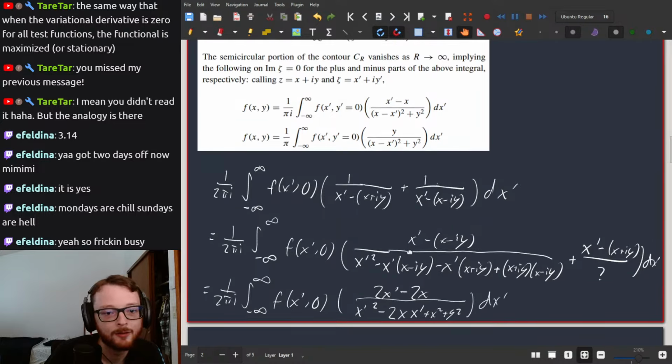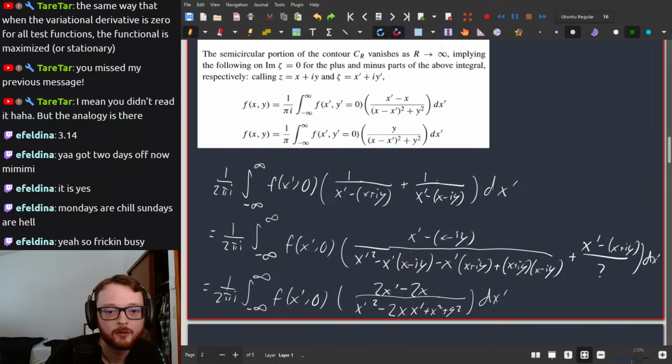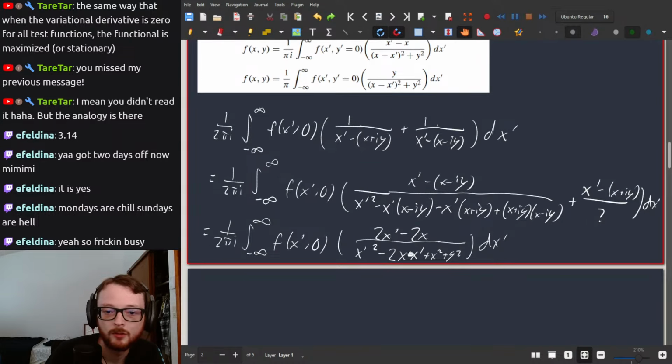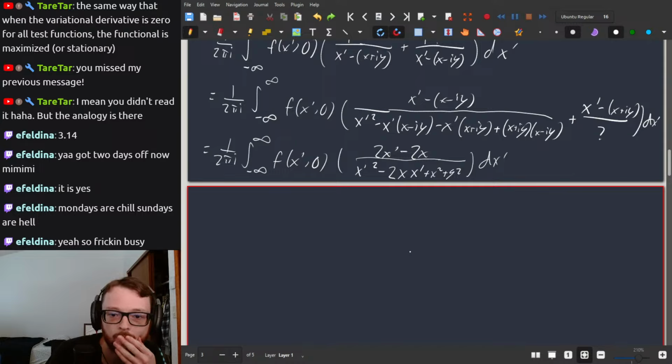Okay. I know where this equation comes from now. How about the other equation? It's the same thing, but it has a minus sign. So only the numerator should change. The x primes cancel.